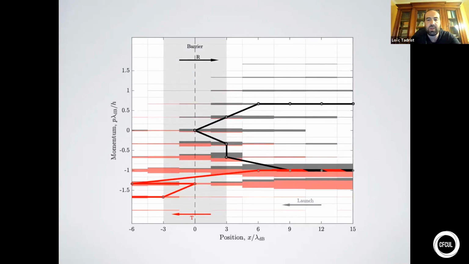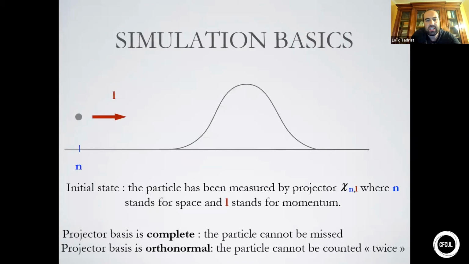I will just explain exactly what the repeated measurement formalism is. Basically, we have an initial state. We prepare the particle with a special wave function. We say that all the particles correspond to the wave function of a projector, which is centered on a spatial location and a spatial velocity.